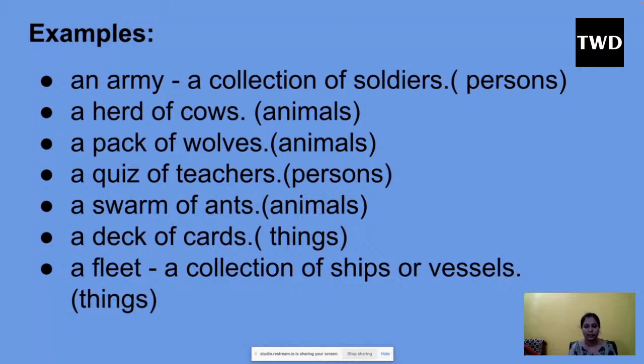Ships you already know, so a group of ships and lots of vessels kept together, both of them are known as fleet. So here I have got only a few examples like army, herd, pack, quiz, swarm, deck, fleet, right? But you can, from your end, also find so many other collective nouns.